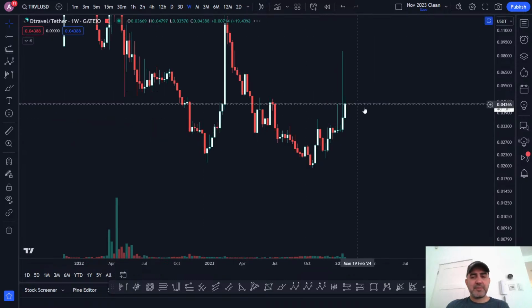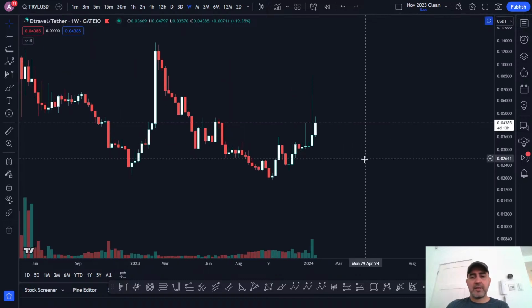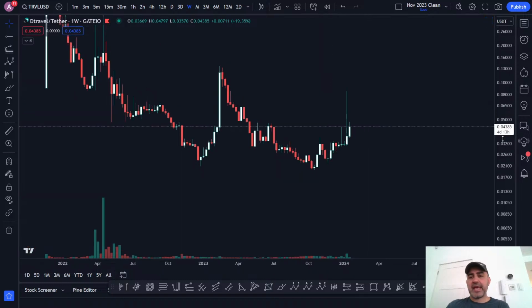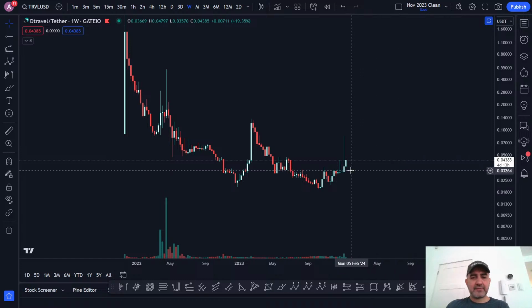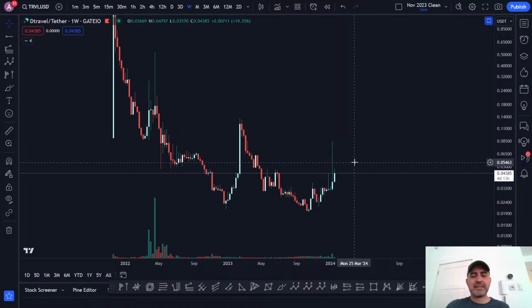Now, some people don't want to look at the charts on a daily basis, and that's fine. Then you can just focus on the weekly red candles. You may not be buying as frequently, but you might take bigger chunks out of the price. So you may go, the next time I see a red weekly candle, I'm just going to buy 100,000 TRVL, bam, on the close. You could approach it like that.